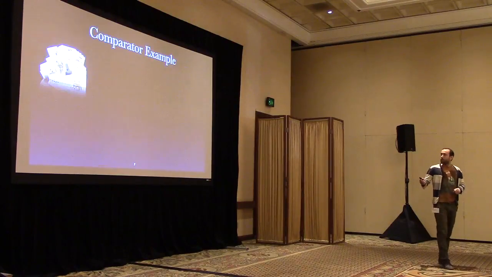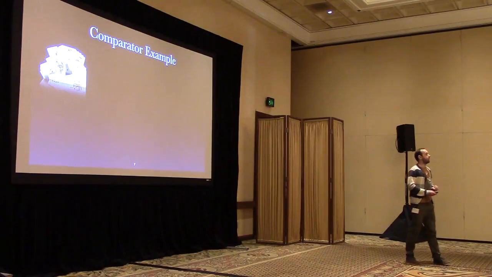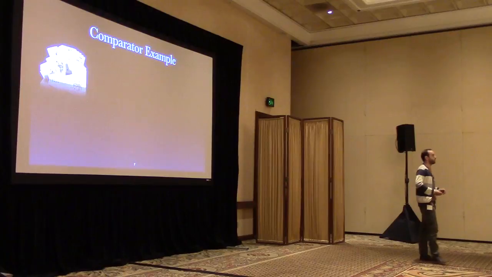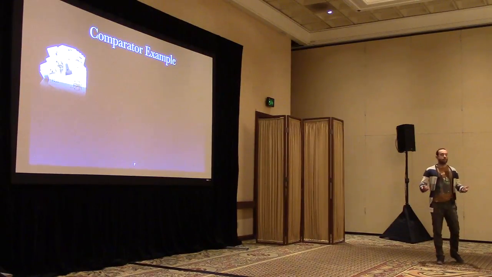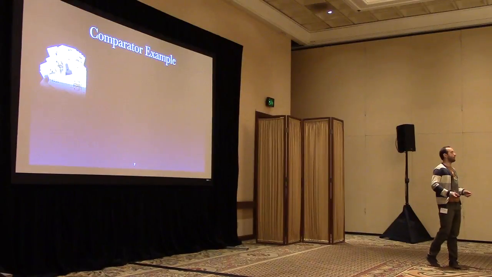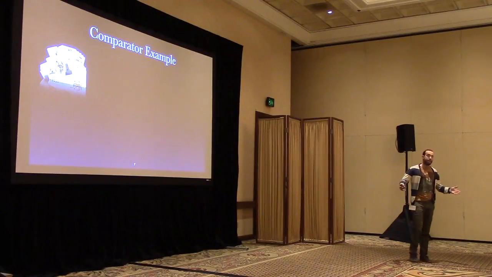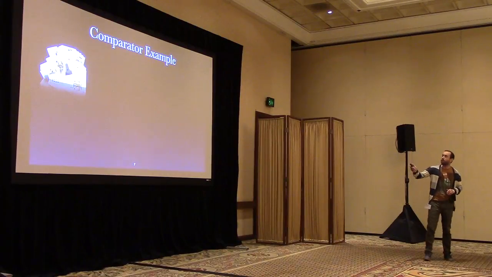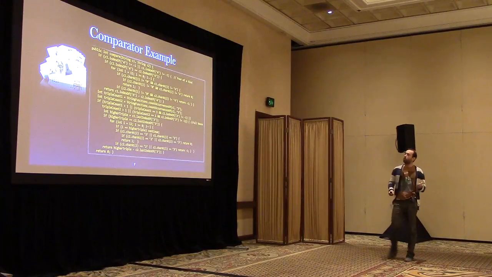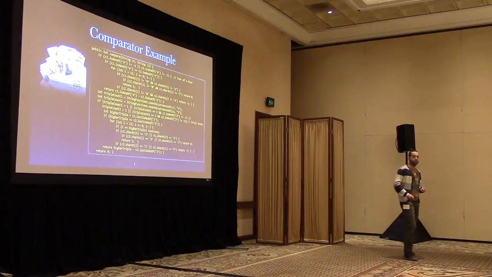Now that I've given some examples of k-safety properties and some domains where they arise naturally, you may wonder: do programmers actually make mistakes when they are reasoning about k-safety? And surprise, surprise, they do make mistakes, and they make them a lot. This is an example of a real comparator from a real Java program.